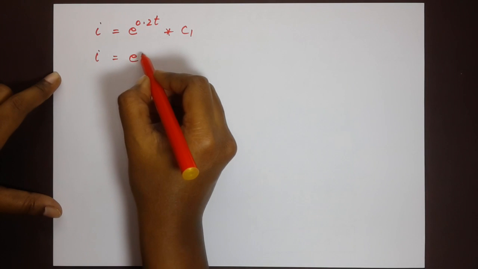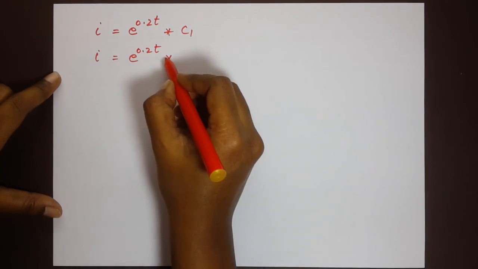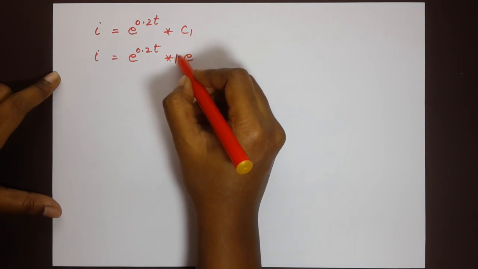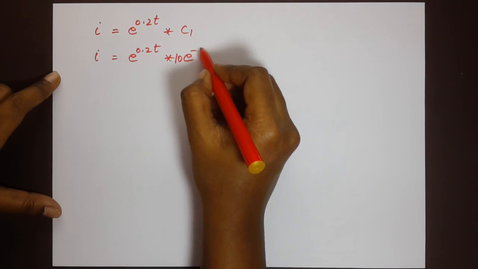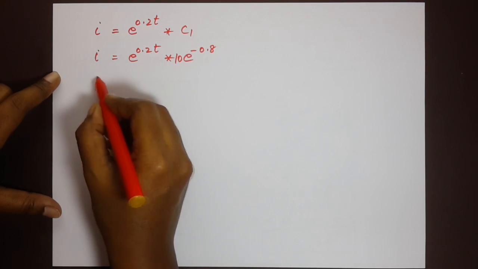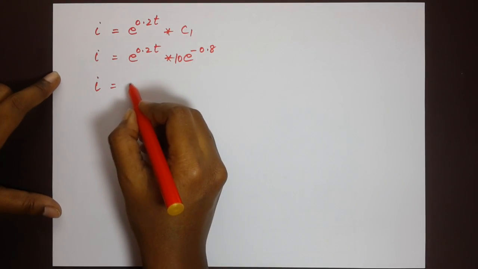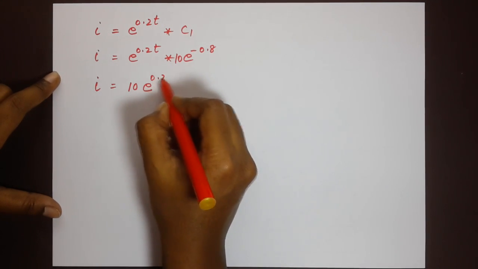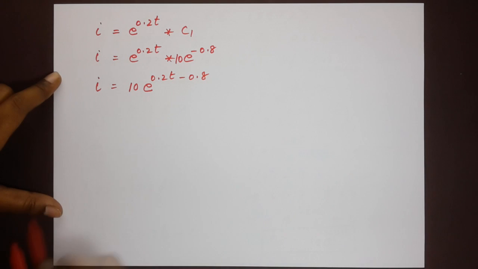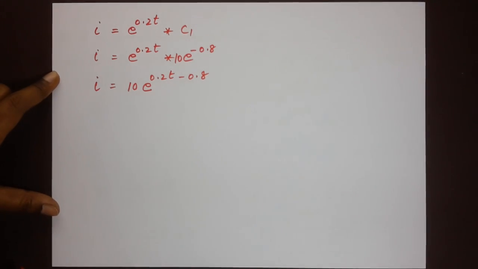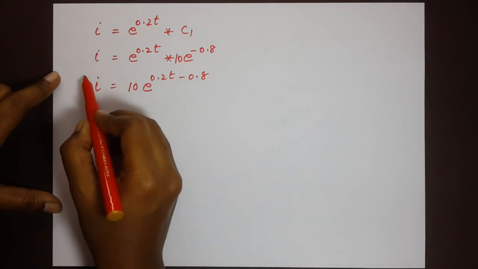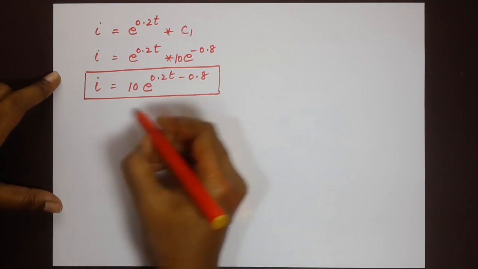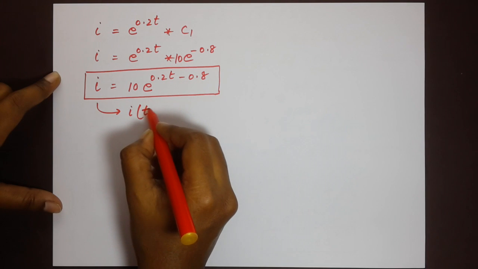Now substituting what we got for c1, 10 into e to the power minus 0.8. Simplifying this even further, we can write this as 10 into e to the power 0.2t minus 0.8, right? So this is our equation for i. This is i of t.